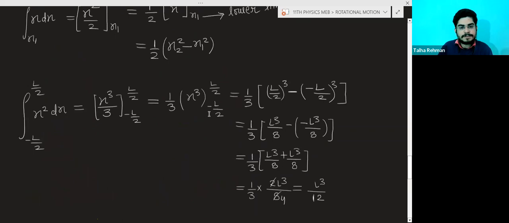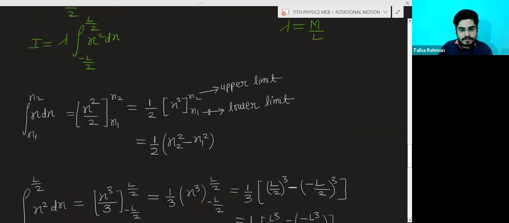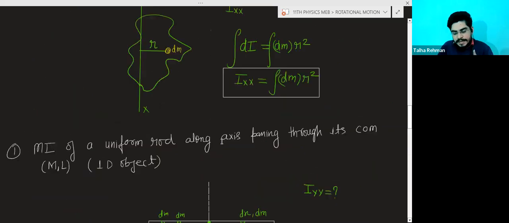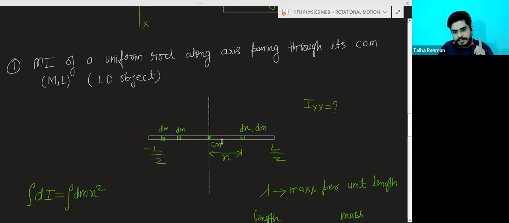Here x is the variable quantity. If the origin is at the center, x can go in the negative direction, so we should say the extreme conditions of x: one extreme will be minus L by 2, and the other extreme will be L by 2.